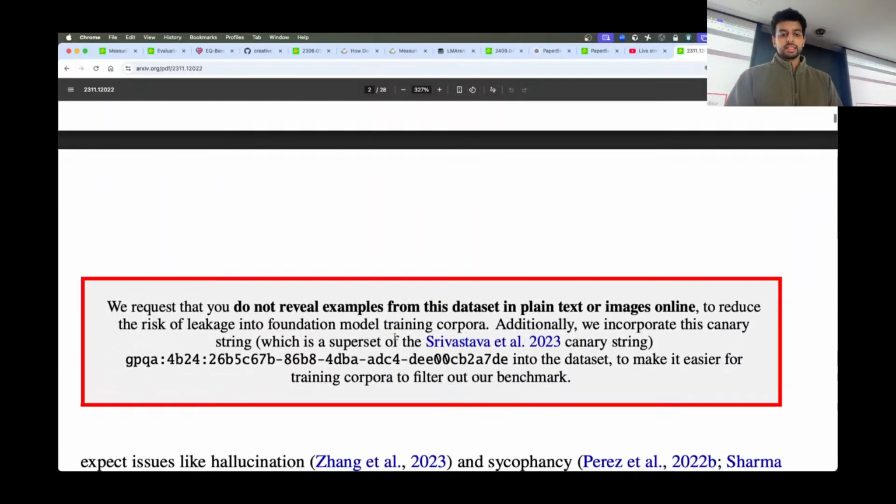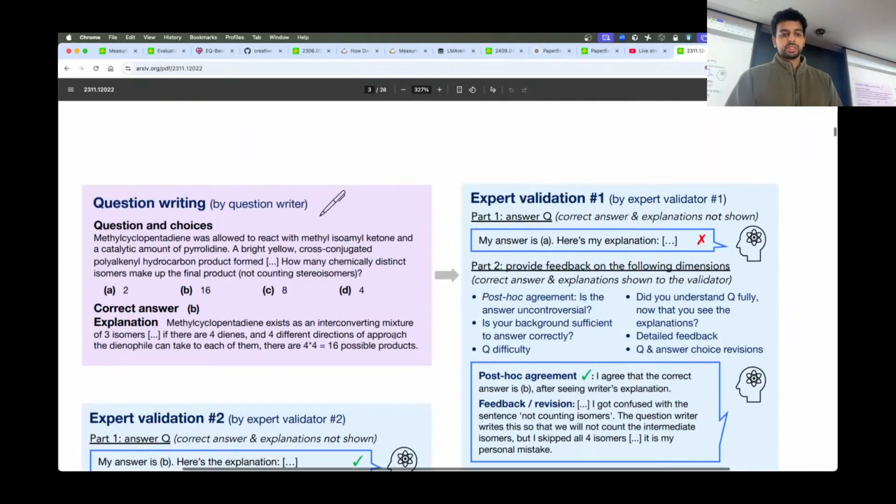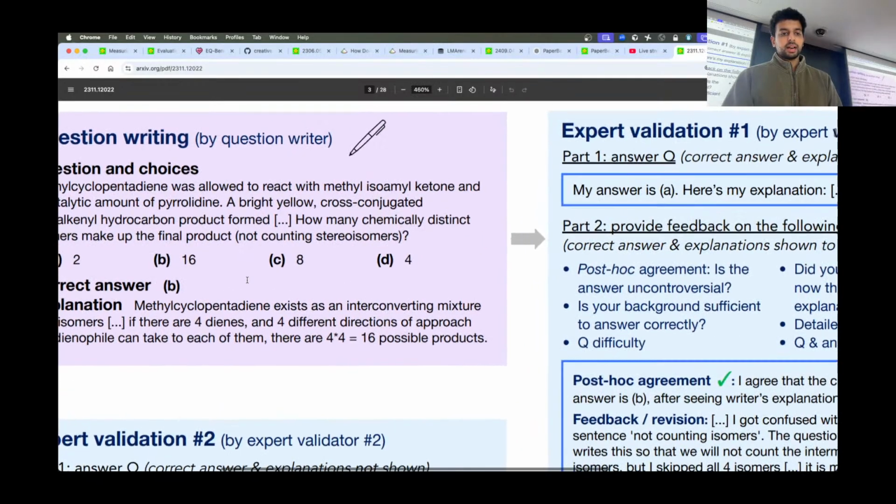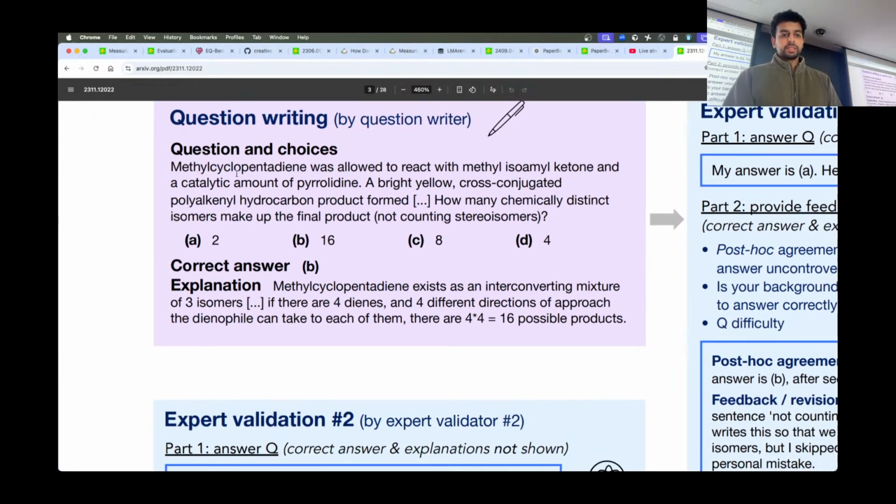We'll get to this later, but I wanted to show some examples here. So, methylcyclopentadiene was allowed to react with this thing and this thing. A bright yellow cross-conjugated thing formed. How many chemically distinct isomers make up the final product? So it's still a multiple choice data set.